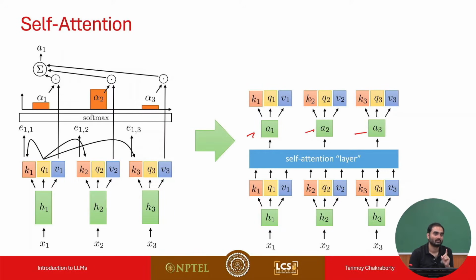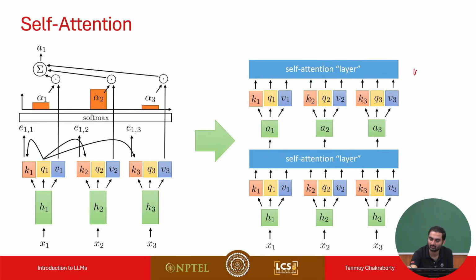right? Remember, for every self-attention layer, the query, key, and value matrices are unique. Meaning, at the first layer you have, let's say, WQ1, WK1, WV1. At layer 2, you have WQ2, WK2, WV2.